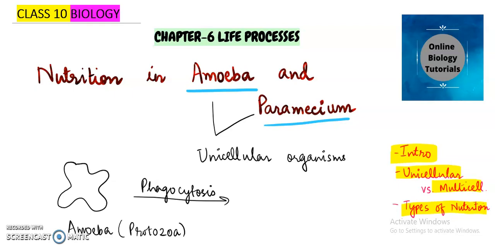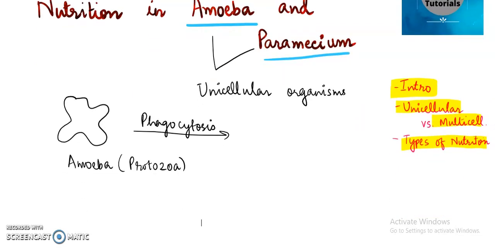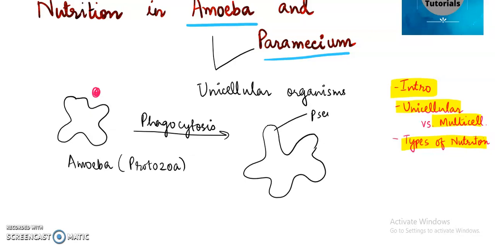Now what is phagocytosis? Phagocytosis is a process of taking solid food in. Now here, suppose amoeba has got the food vacuole near it. Now what is it going to do? Amoeba will extend the false foot, which is known as pseudopodia, and these pseudopodia will help the amoeba to take this food vacuole in.